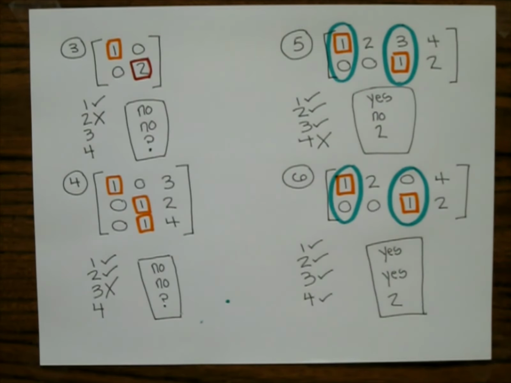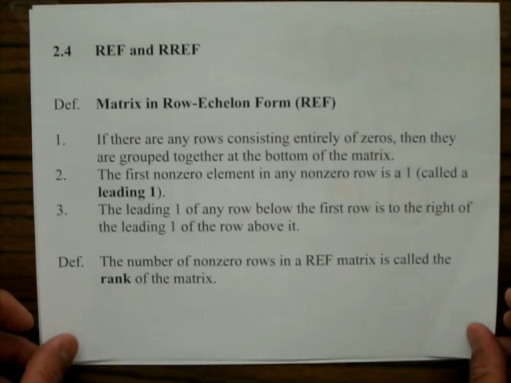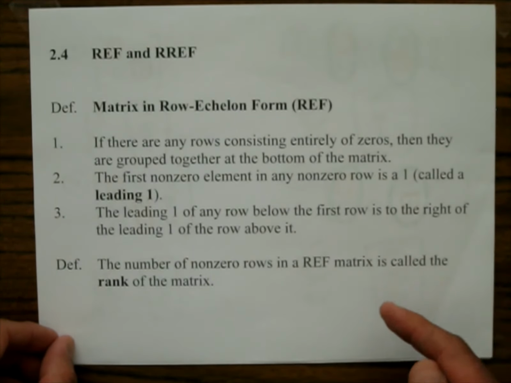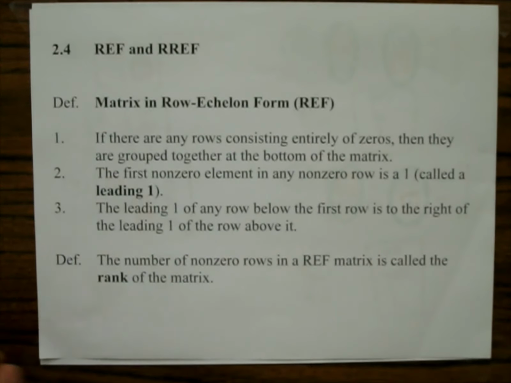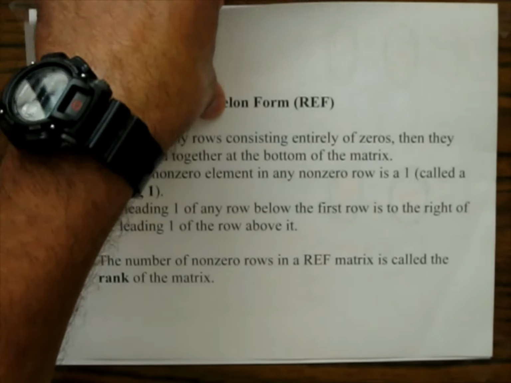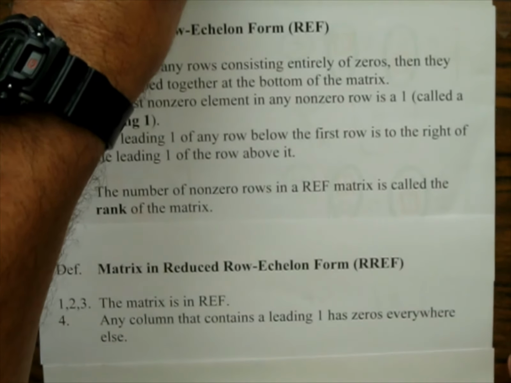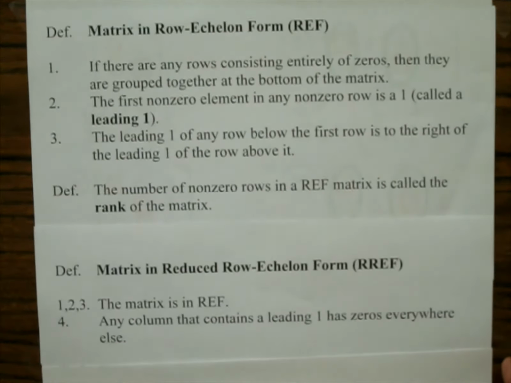2 is the answer. Hopefully these conditions that we went over, conditions 1, 2, and 3, which are on your definition sheet, and then condition 4, don't really mean much when you just read them.